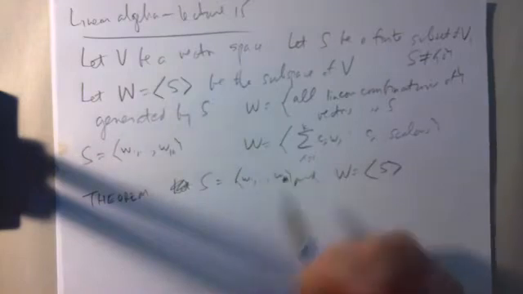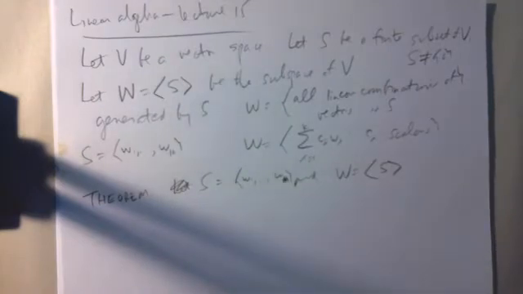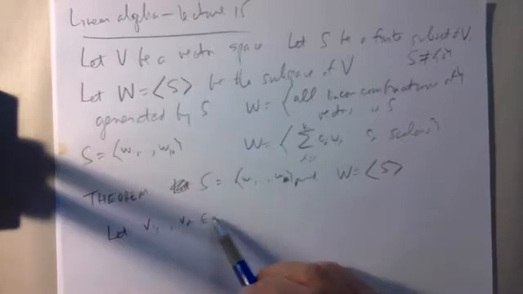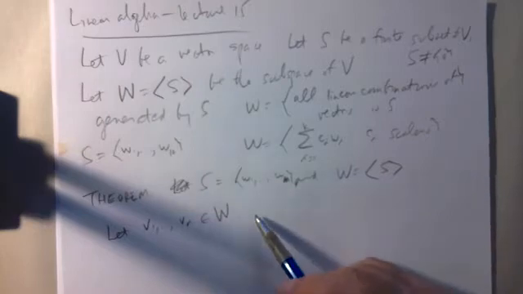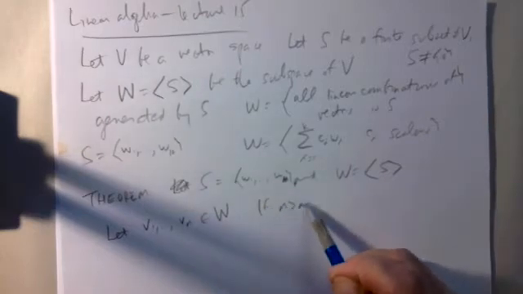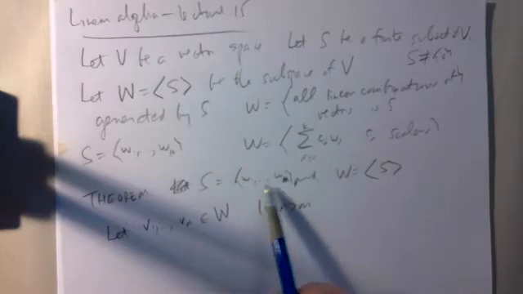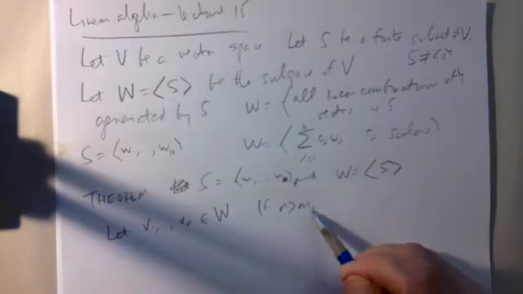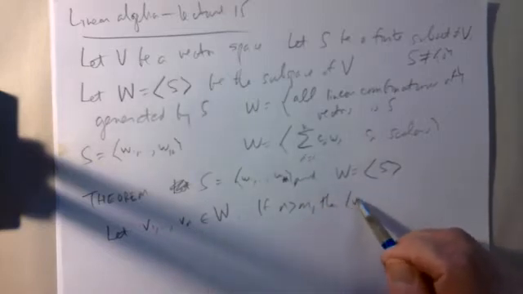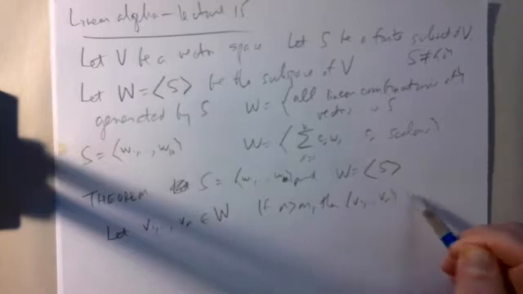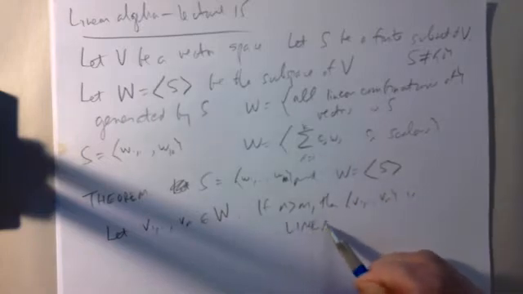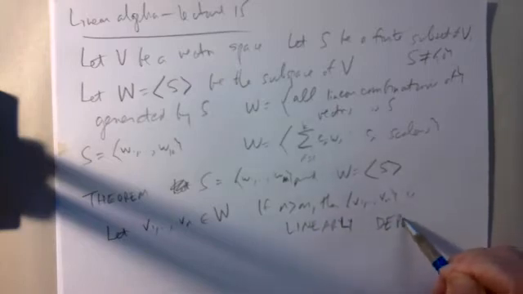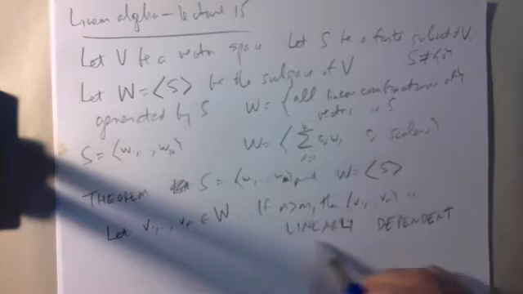Let's say there are m vectors in S. Let v1 up to vn be vectors in W. And the theorem says that if n is bigger than m, if you have a subspace generated by m vectors and you choose n vectors in the subspace, n greater than m, then the set of vectors or the sequence of vectors is linearly dependent.